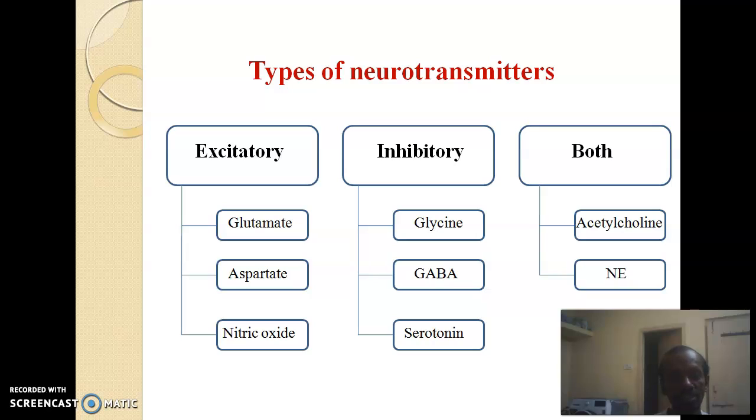The second class is the neurotransmitters which produce inhibitory postsynaptic potential. They are called inhibitory neurotransmitters. Examples include glycine, GABA, that is gamma aminobutyric acid, serotonin. Some neurotransmitters can produce both excitatory and inhibitory postsynaptic potential based on the location. They are called both excitatory and inhibitory neurotransmitters. Good examples for this category include acetylcholine, norepinephrine.